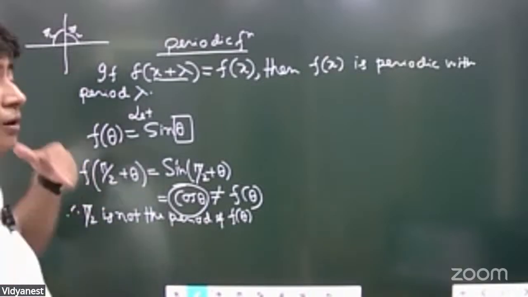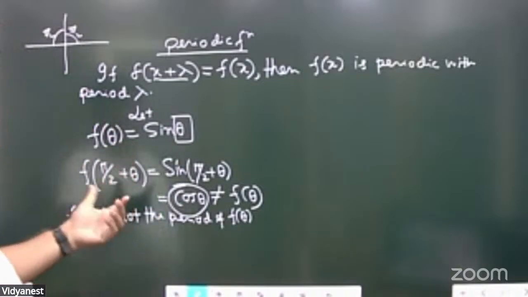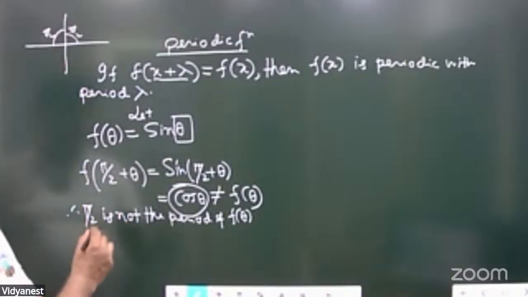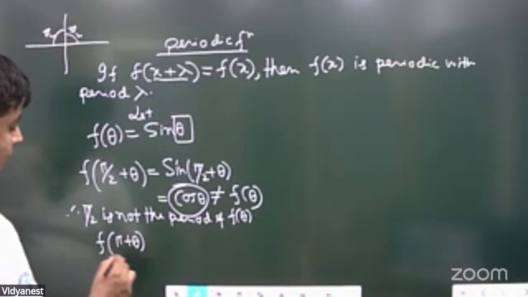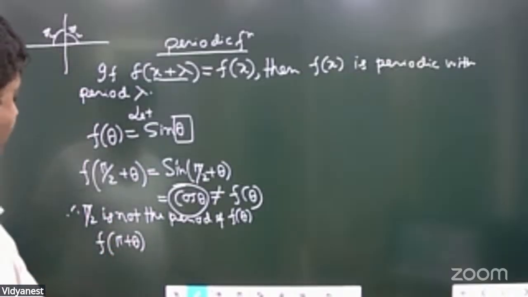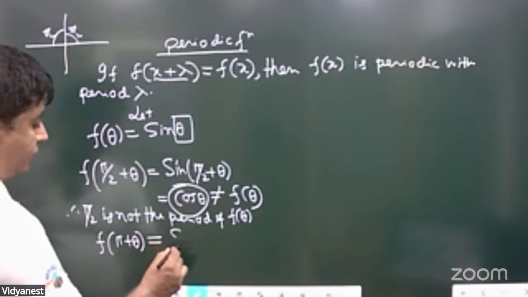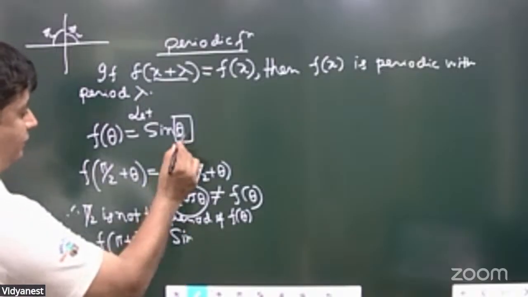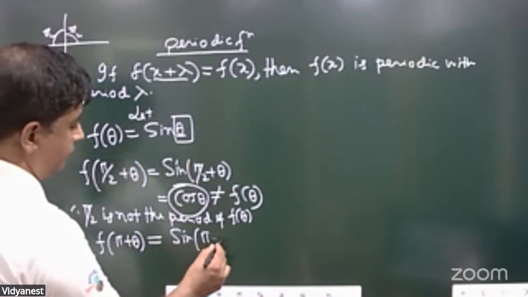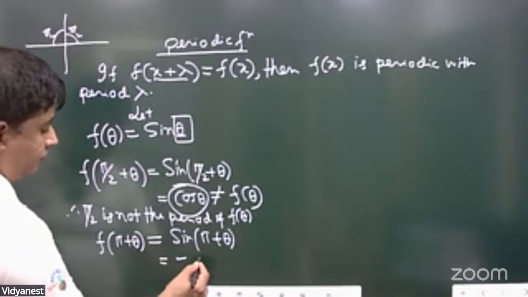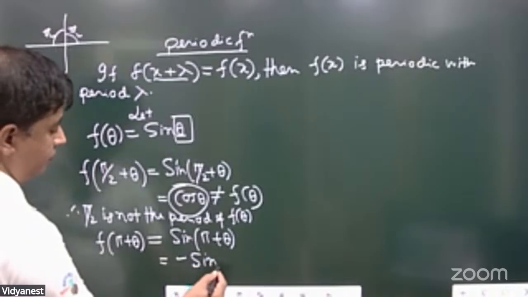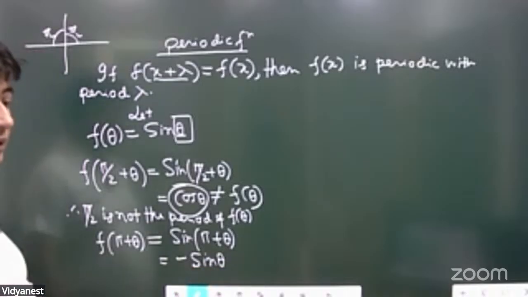Then keep on increasing theta in this way. You give a pi increment in theta. So in case of sine, this is also incremented. Minus sine theta.